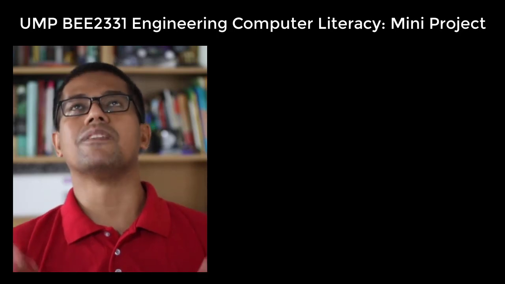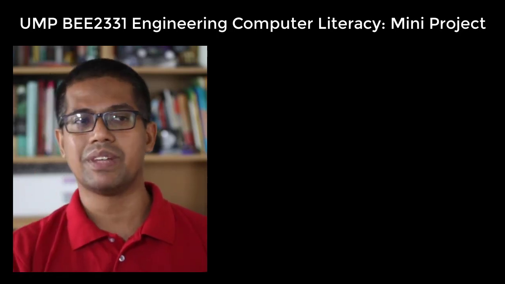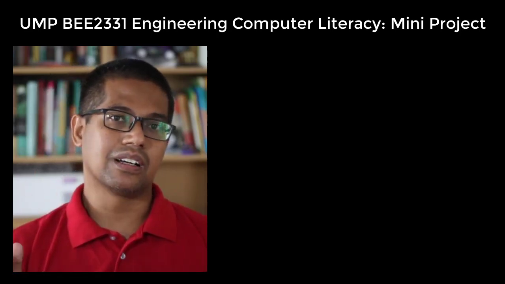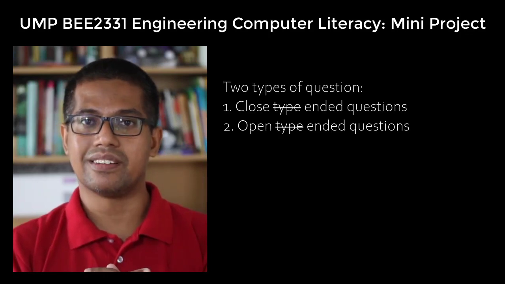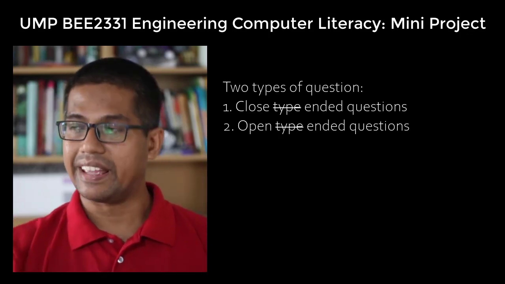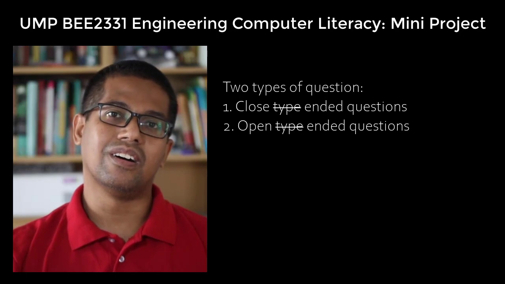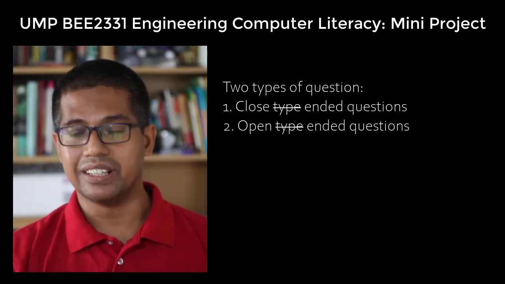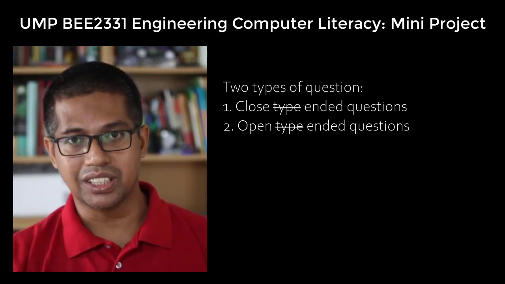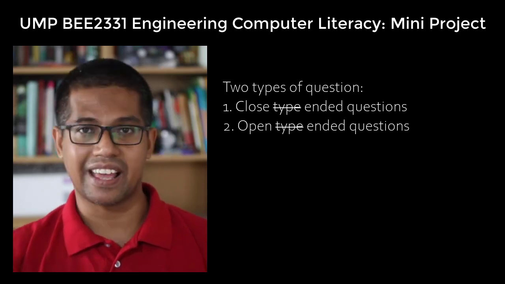For the questions, there are usually 2 types. The closed type question, where the user will select, like age or gender or location, where they can select.